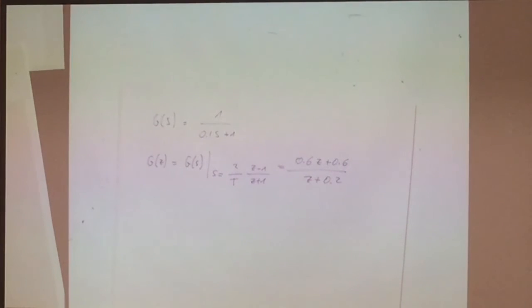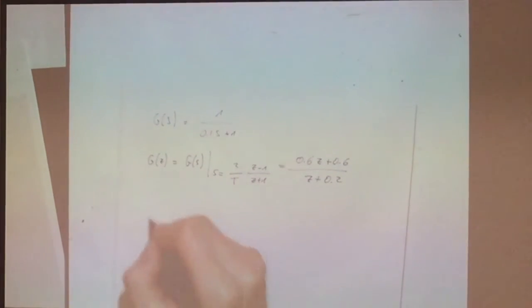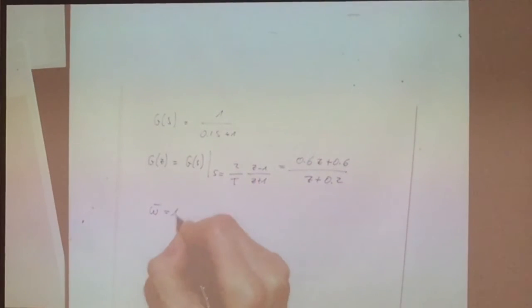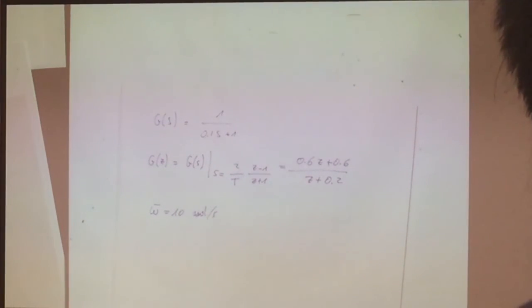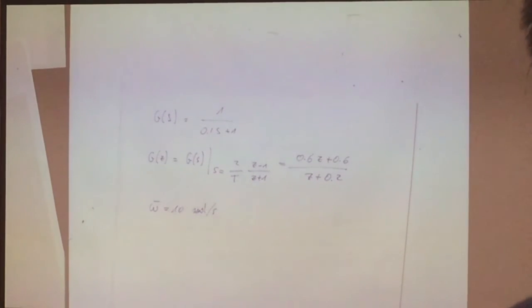Now, we need to compute the gain of this new digital filter at the same cutoff frequency, which is omega bar equal to 10 radians per second. How do we compute the gain of this digital filter now?